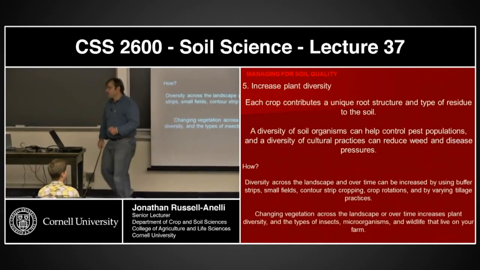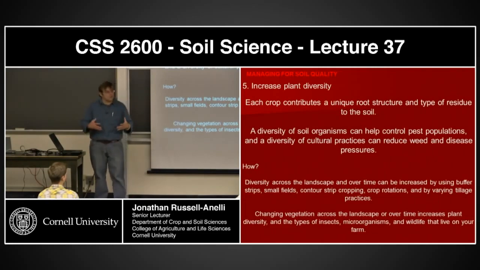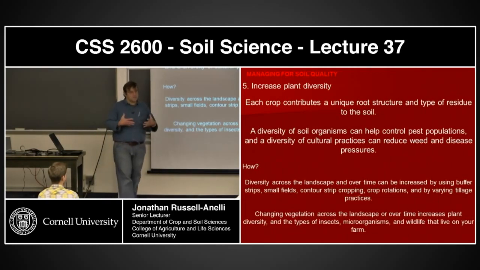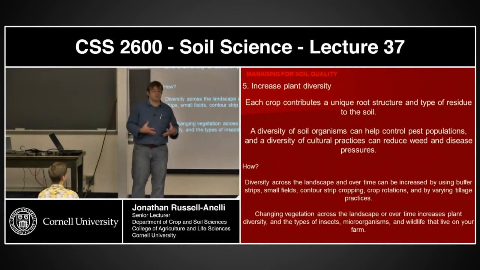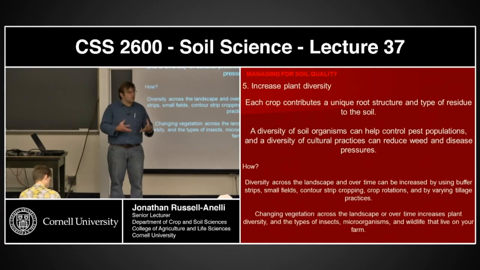Last one, increased plant diversity. Why is this a big one? Well, if you think about the architecture of a plant, each crop has a slightly different architecture, and sometimes it's actually rather dramatic. If I have dramatically different architecture, this architecture is going to reach different parts of that soil volume, and as a result, I'll have more impact on a larger volume.